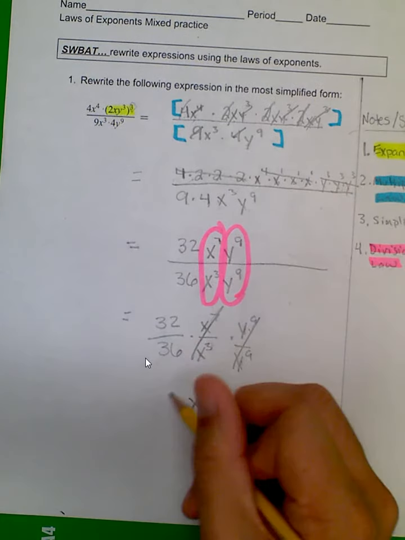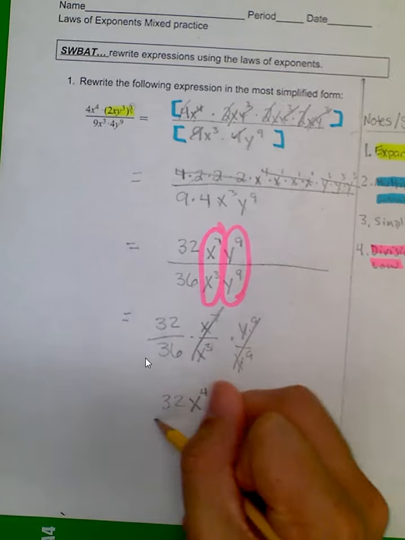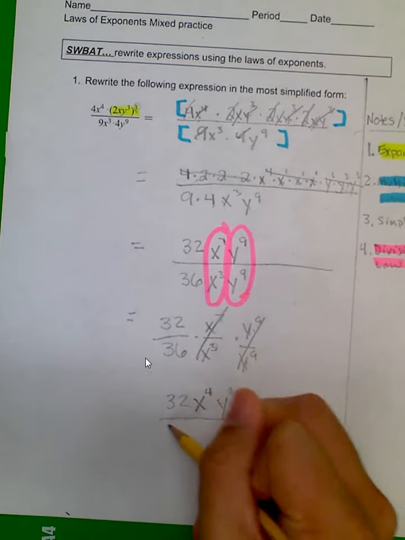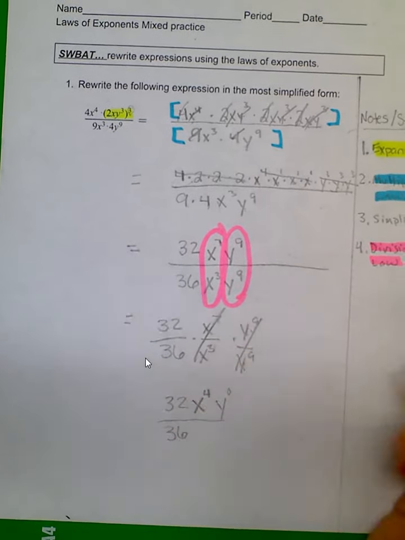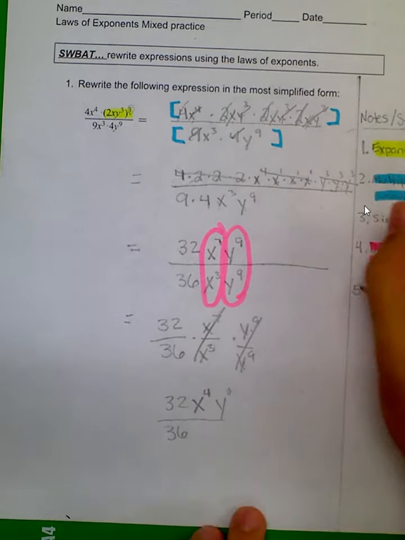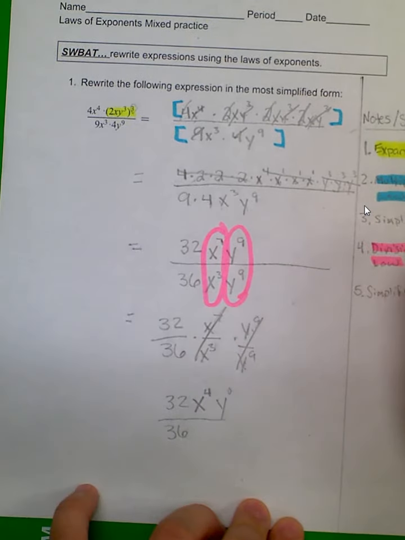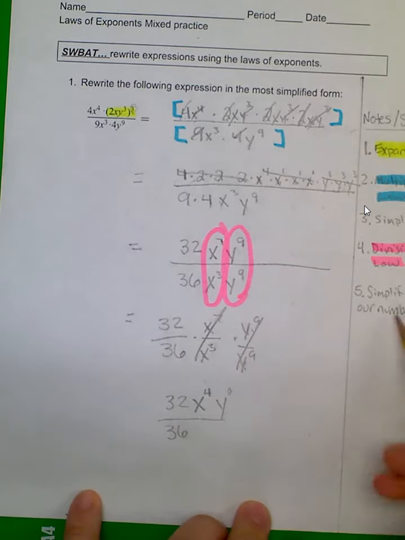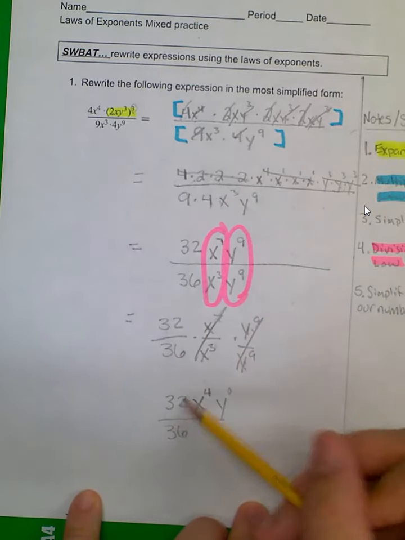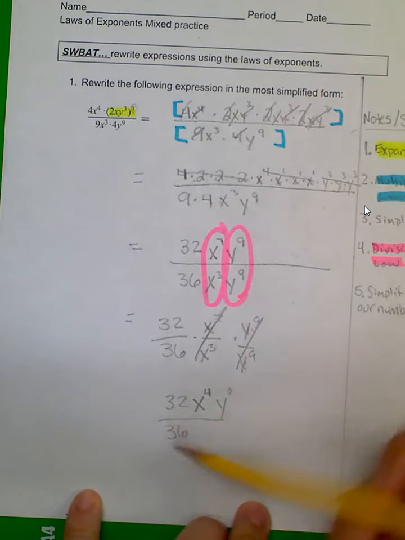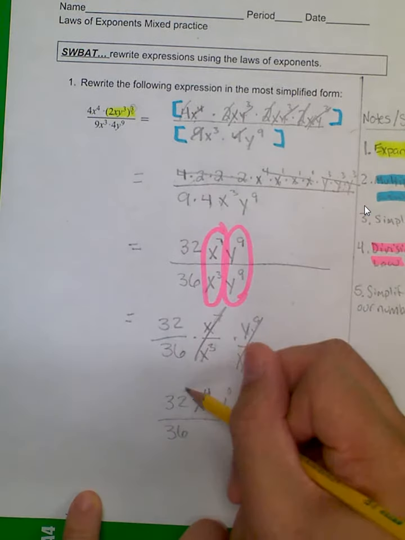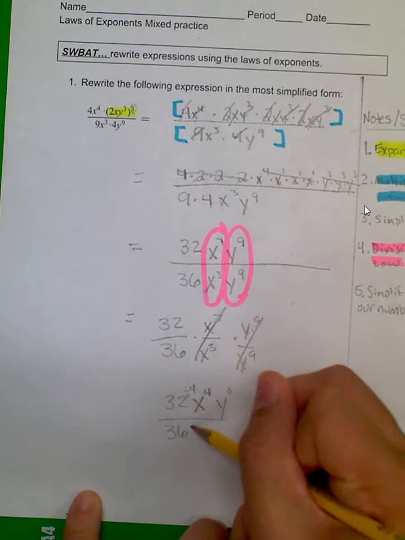And lastly, what we're going to do is put this back in a fraction, and we're going to simplify our numbers if possible. And in this case it is possible, but not every problem will be. So I know that 32 and 36 both have factors of 4, so I'm going to divide the top and bottom by 4.